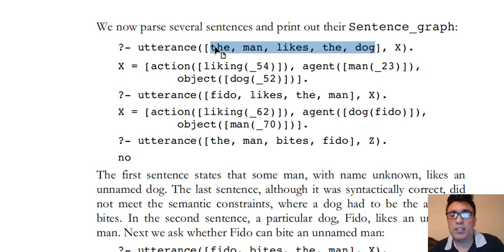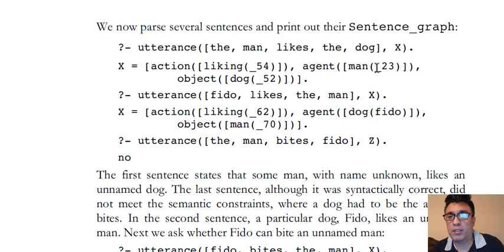So in this case, the sentence that says the man likes the dog generates the following meaning. It says that there is an action about liking, and the agent is a man.